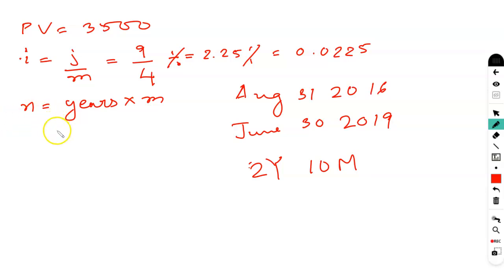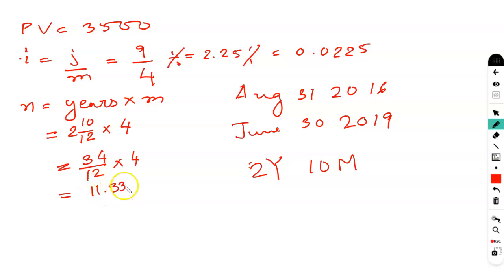So the number of years is 2 years and 10 months, and we multiply it by the number of compounding periods, which is 4. So it is 34 over 12 times 4, which is 11.333333. We can substitute in the formula: future value is equal to present value times (1 + i)^n.